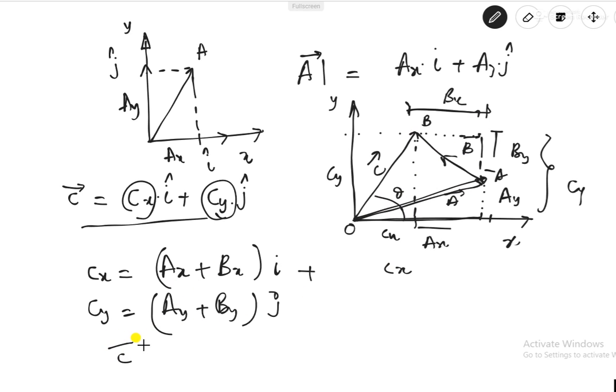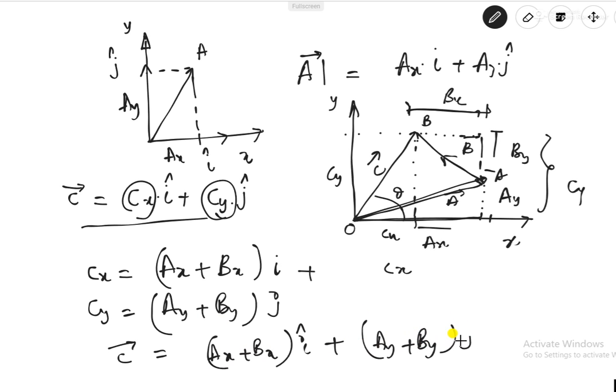So finally we can write C as a vector: AX plus BX into I plus AY plus BY into J. So this is how it is done.